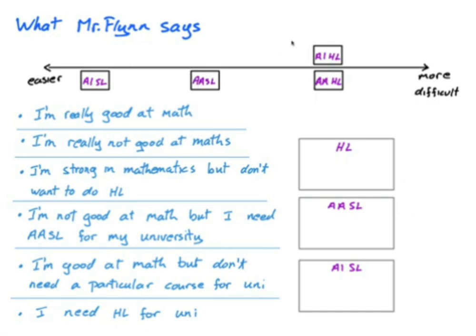AASL is then the next easiest one. And I think the gap between these two is probably similar to the gap between these two. Maybe I should put this a little bit more to the left if we're being totally accurate, but that's not really that important. Some people and some universities claim that this needs to go down here, or at least somewhere here. I wouldn't agree with that.